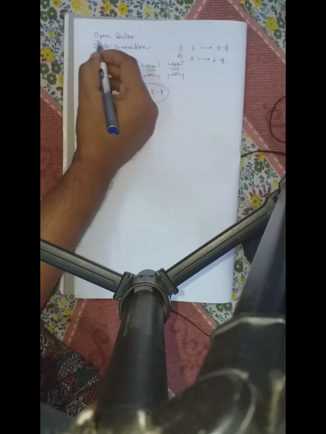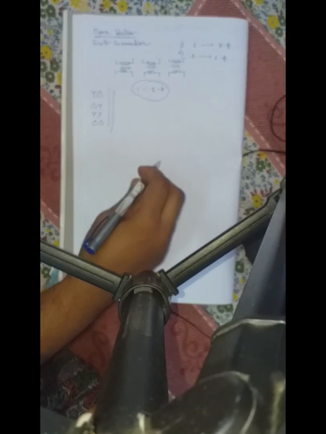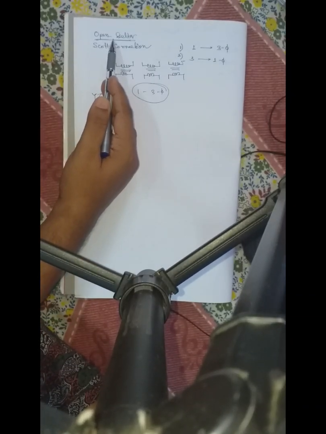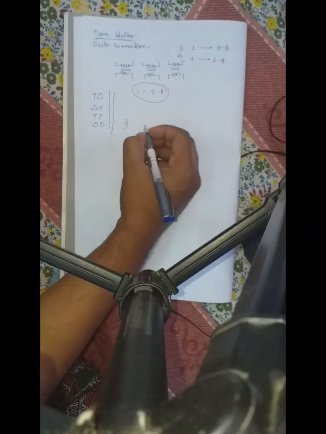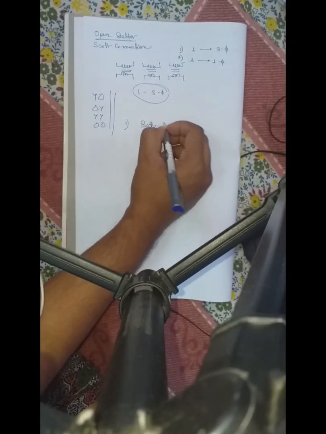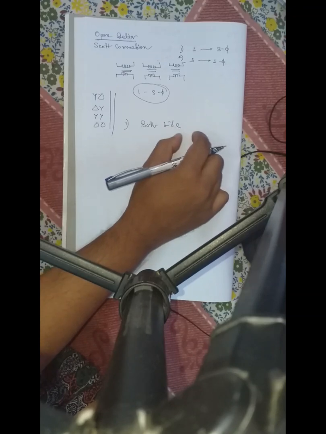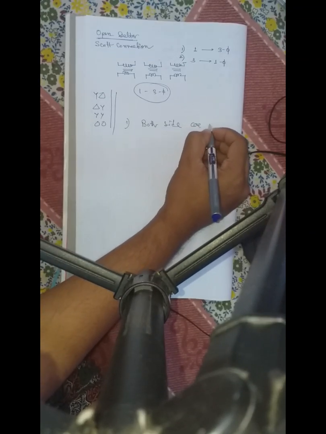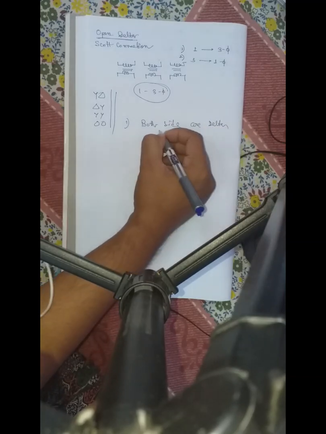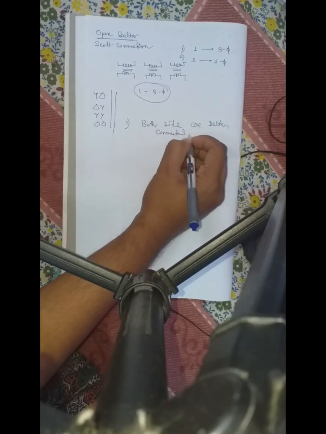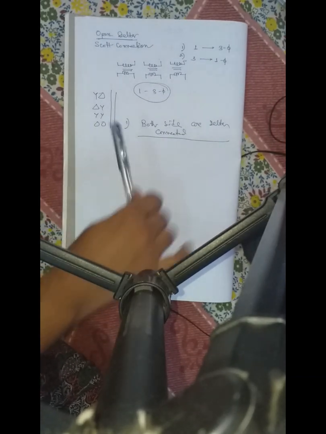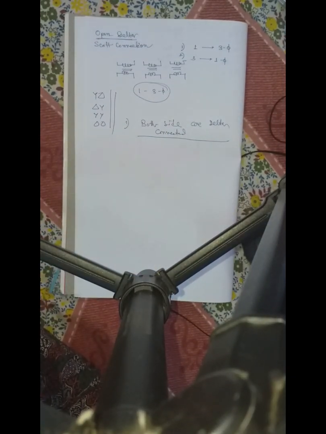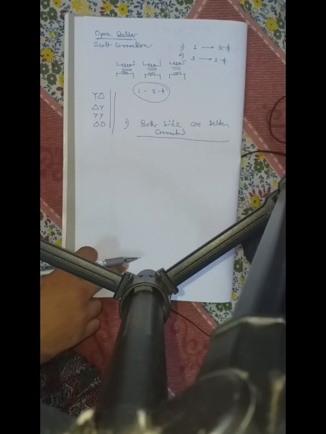Open delta connection is that type of connection. The criteria for open delta connection is that both sides, the high voltage side and low voltage side, primary and secondary, are delta connected. Both sides are delta connected, and then we can design this type of open delta connection.